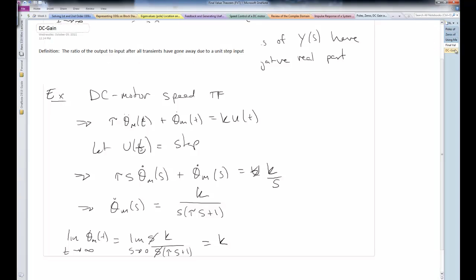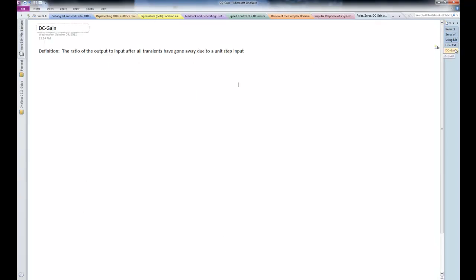Finally, the last thing we want to look at is what we call the DC gain. The DC gain is defined as the ratio of the output to input after all transients have gone away due to a unit step. So this is essentially an application of the final value theorem.